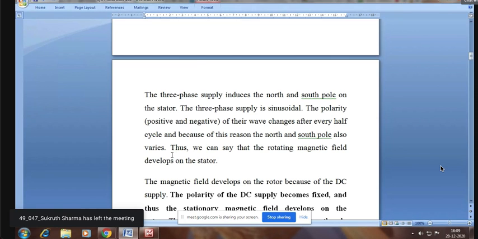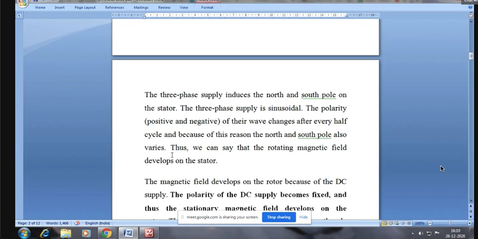Yes, sir. That means when the stator is applied with a three-phase voltage, the three-phase voltage being a sinusoidal voltage will make the poles on the stator also vary at regular intervals. When this goes positive, that becomes a north pole.